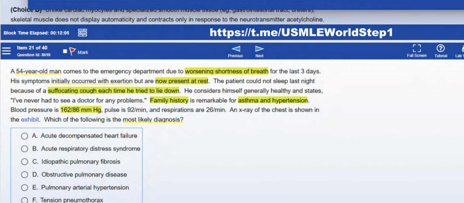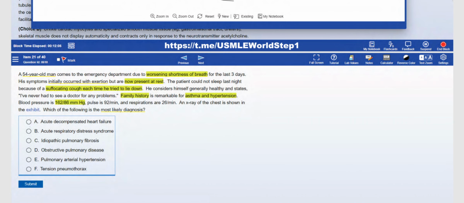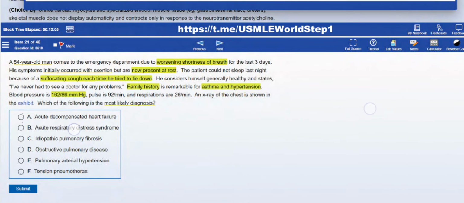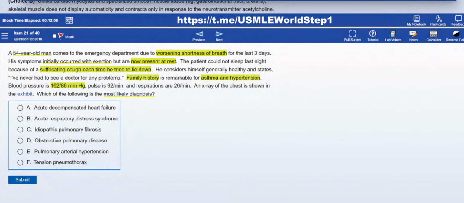He considers himself generally healthy and states, I have never had to see a doctor for any problems. Family history is remarkable for asthma and hypertension. BP is 162/86 mm Hg. Pulse is 92 per minute. Respirations are 26 per minute. An X-ray of the chest is shown in the exhibit. Which of the following is the most likely diagnosis?